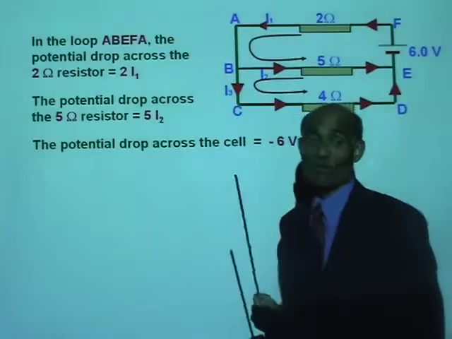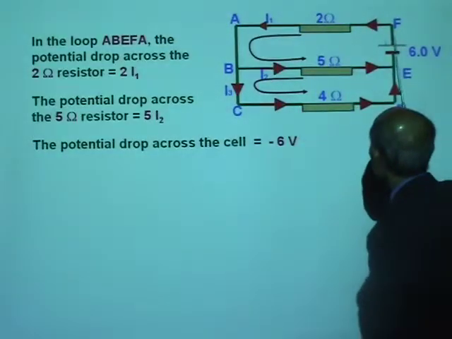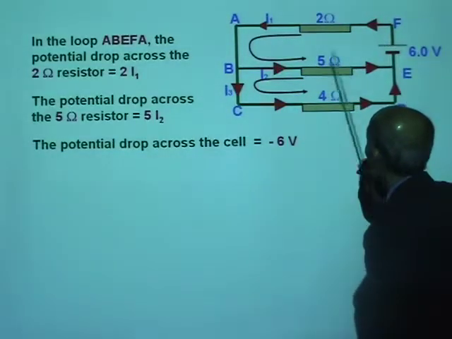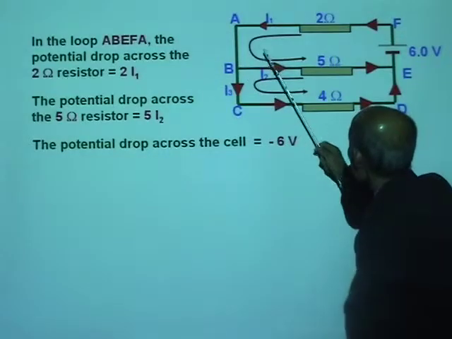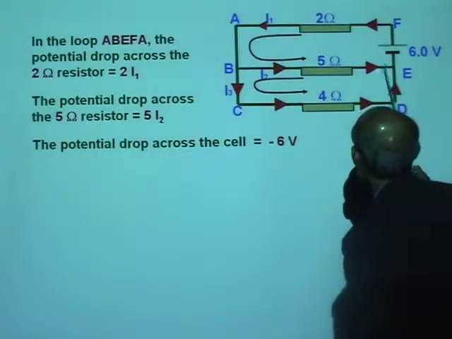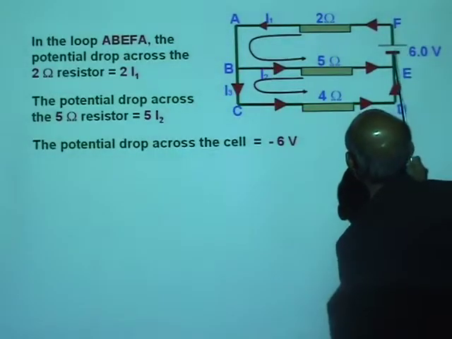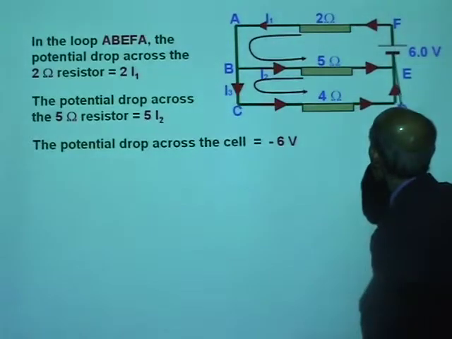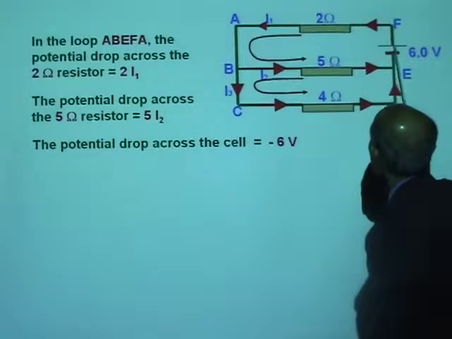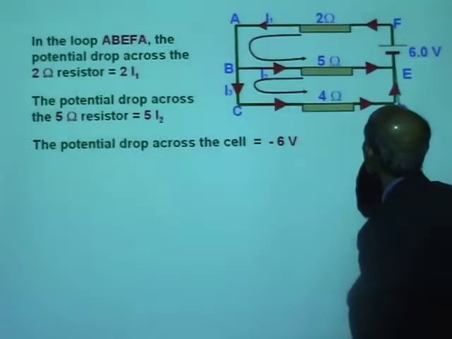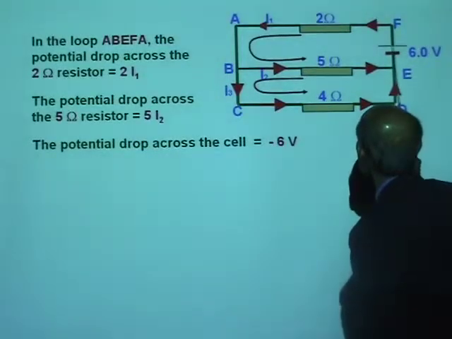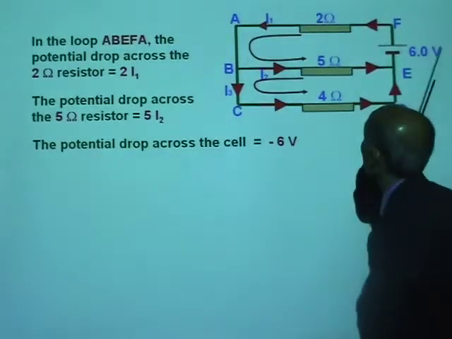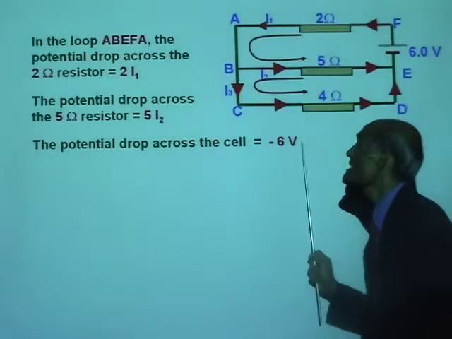Alright, tell me, what is the potential drop across the cell? You see, the loop is traced out A, B, E, F. That means you're going through the cell in which direction? From negative to positive. That means when the loop is traced out through the cell from negative to positive, the potential drop across the cell will be negative.